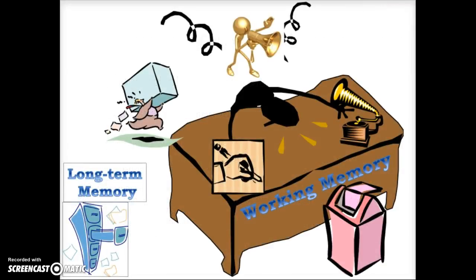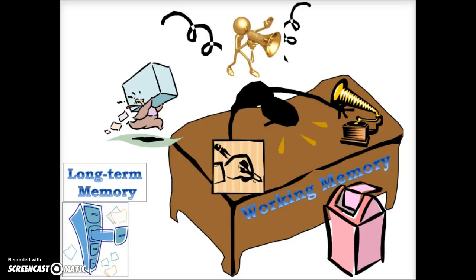So if we put all of these pieces together, what we're going to see is that the sensory information that's coming in, the verbal and auditory information that you pay attention to, is going to be played on that phonological rehearsal loop on the conscious working memory desk. The visual spatial information, what you're seeing, is going to be on that visual spatial sketchpad.